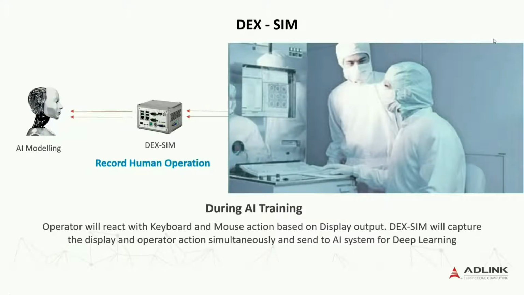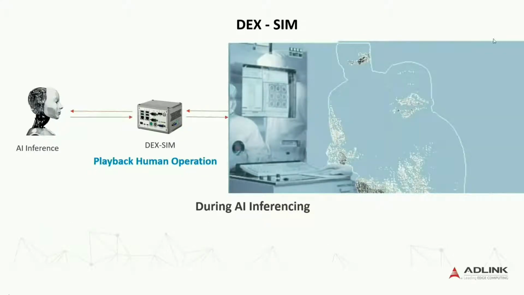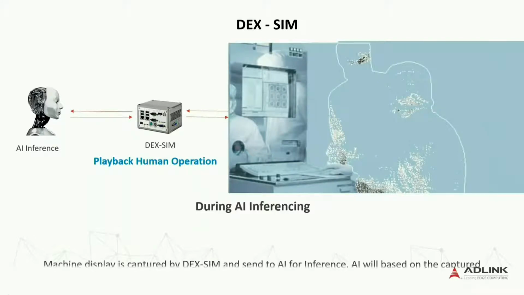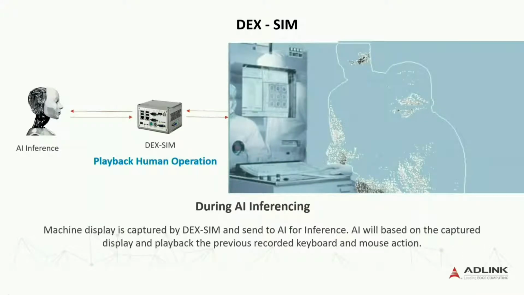During production, DEXSIM will capture the display image of the machine and send it to the AI server for inference. The AI server will then not just return the result, but also the keyboard and mouse actions previously captured by the DEXSIM, allowing DEXSIM to enter the actions automatically back to the machine's PC. In this way, it replaces the operator seamlessly.